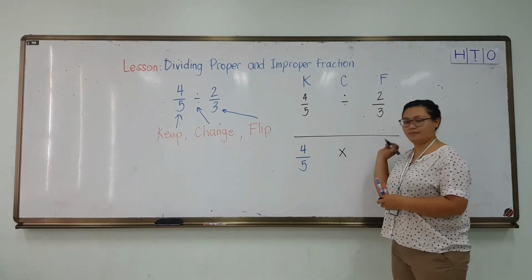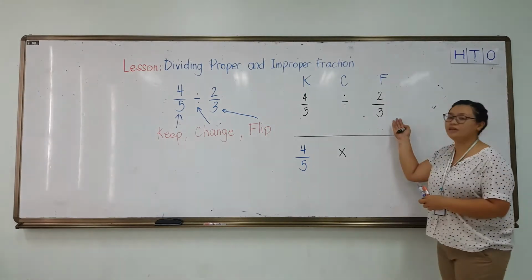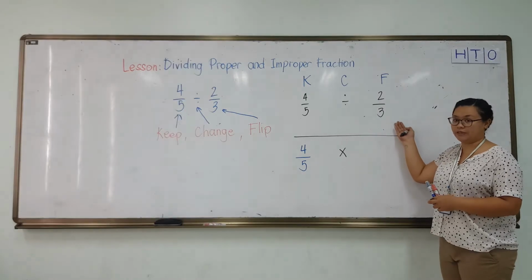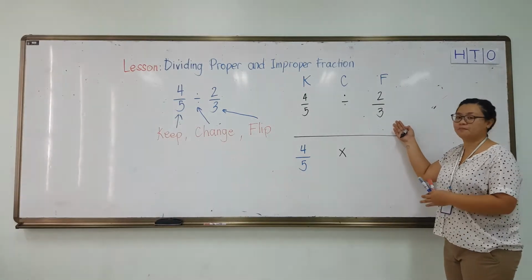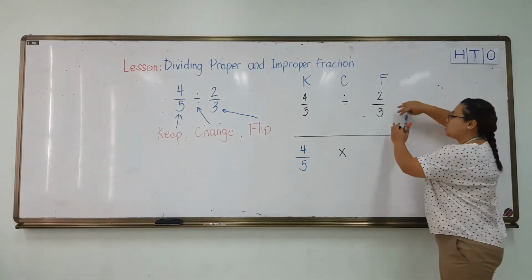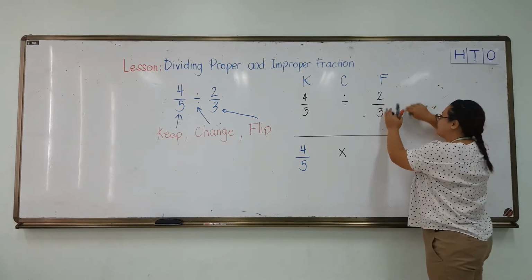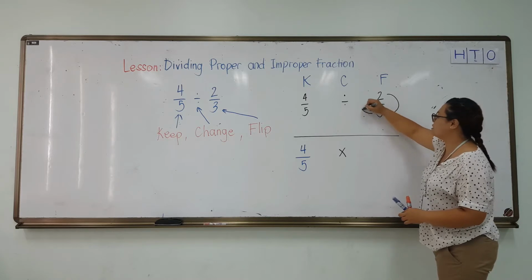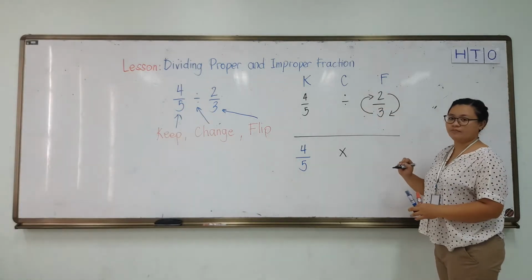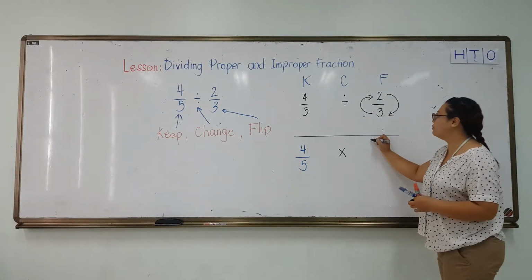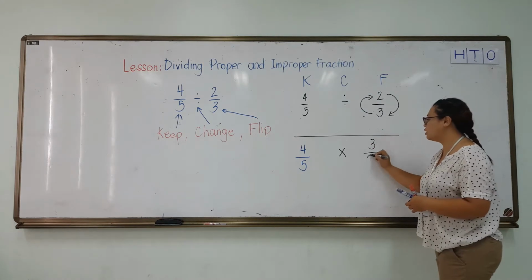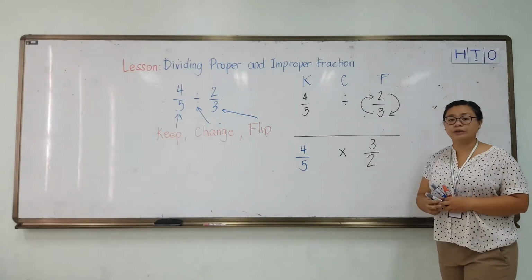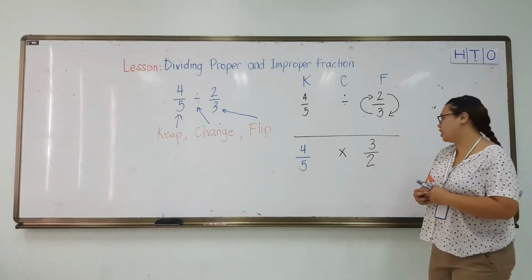Change it. And then we have the last one, which is flip. When we flip, okay, we change their places. This goes down and this goes up. Because we flip it, it will become 3/2. Are you following? Good job.